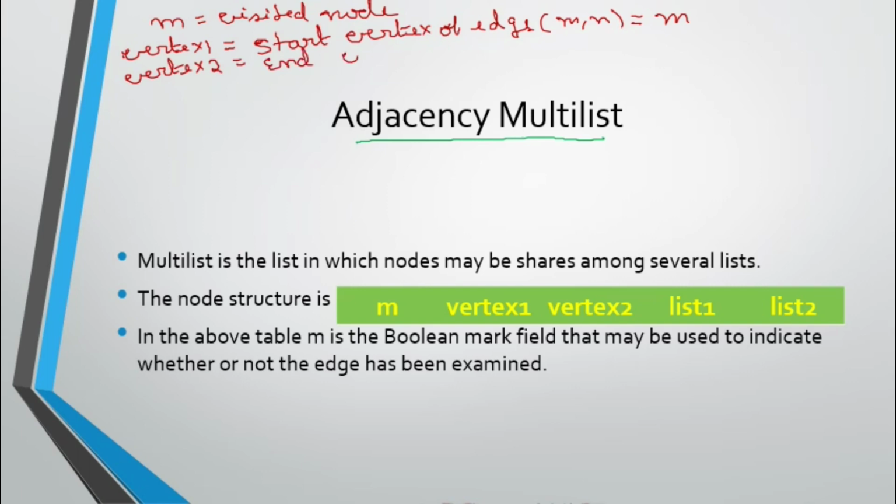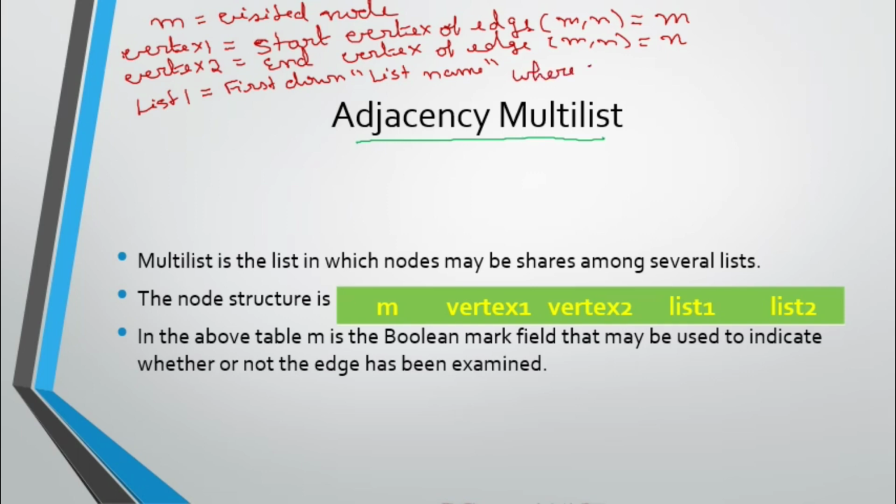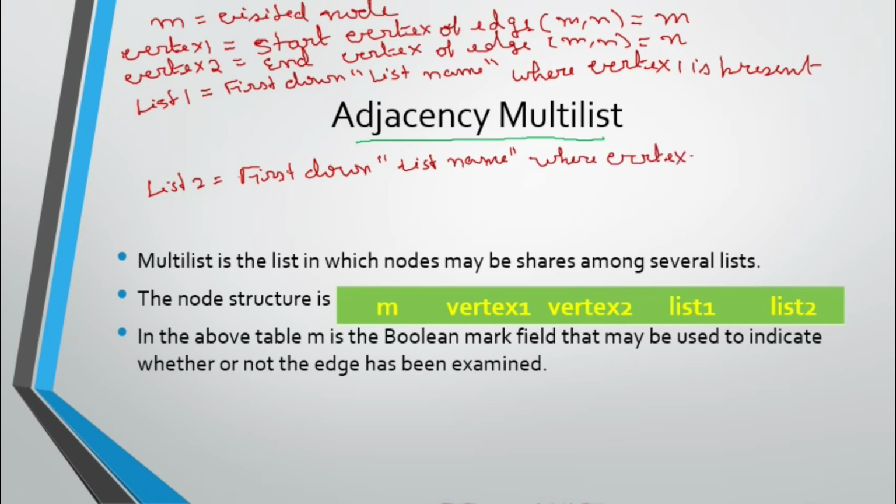Vertex 2 is the end vertex of edge M. Next, list 1 is the first node in the list name where vertex 1 is present, and list 2 is the next node in the list where vertex 2 is present.